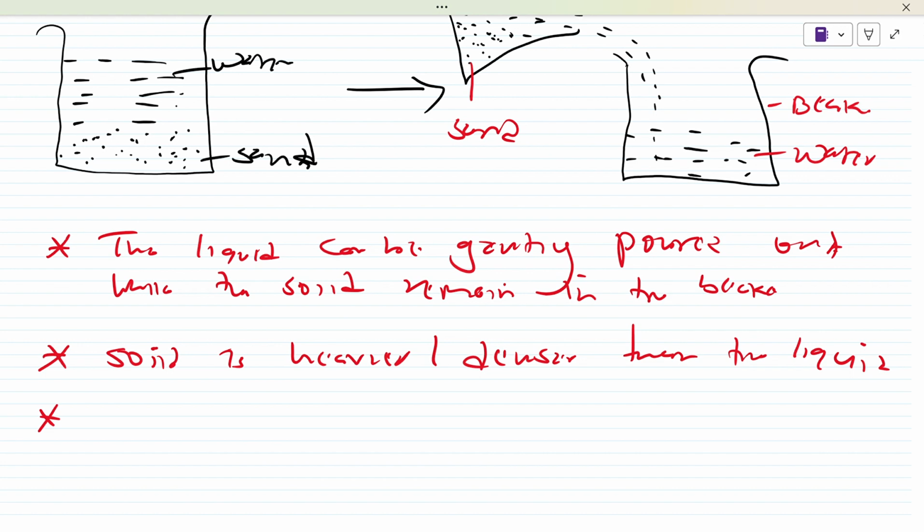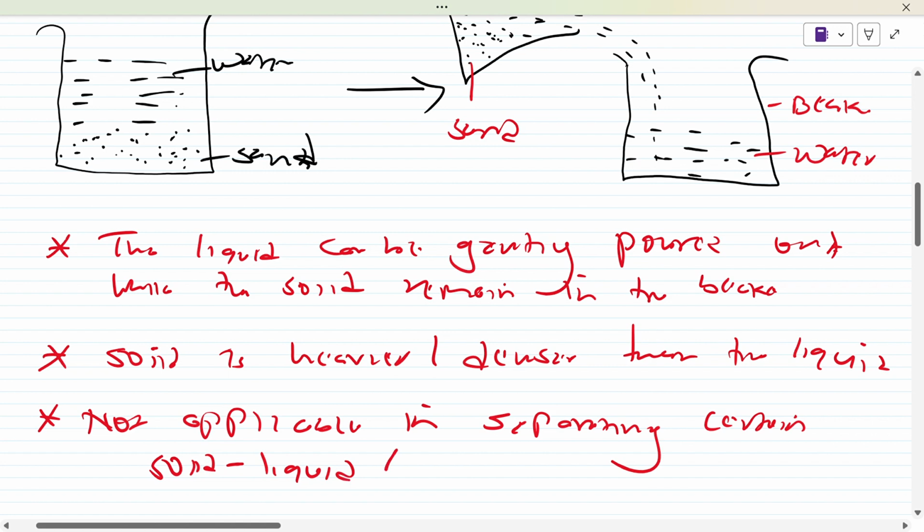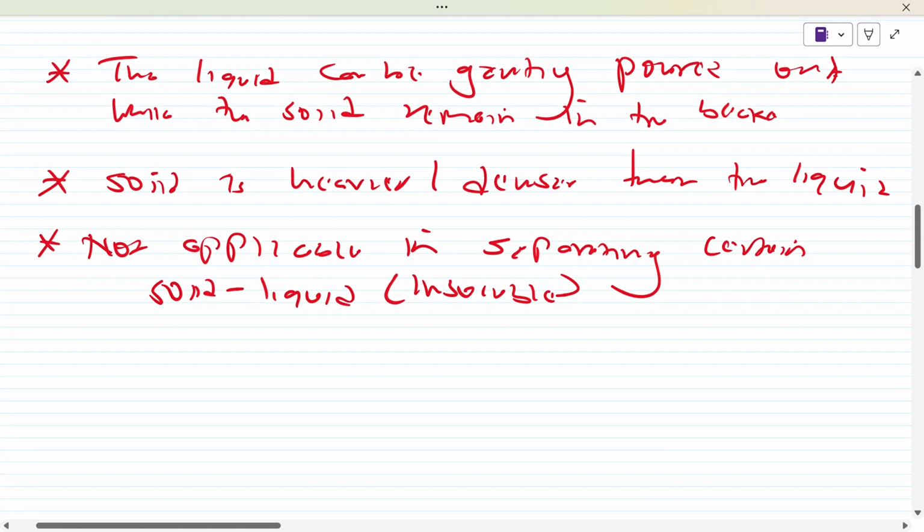For example, it is not applicable in separating certain solid liquid mixtures, such as when I'm having soil and water, or flour and water.